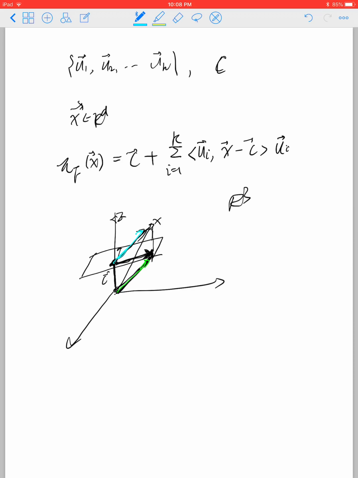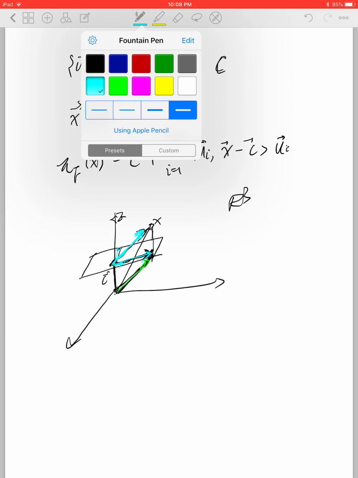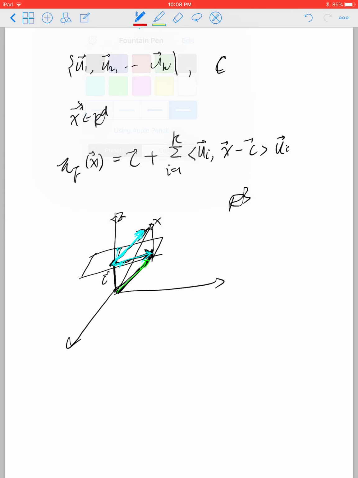And then you add the centering vector to this intermediate vector. This is the center vector. You end up with the final projected vector. That's the definition of the projected vector onto a subspace which deviates from the origin.